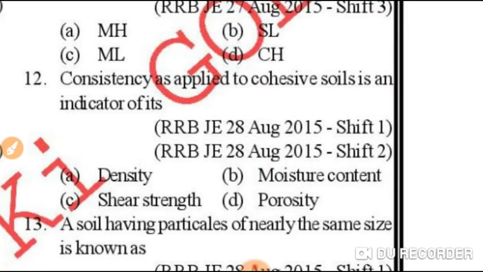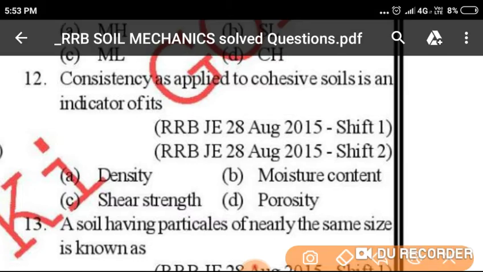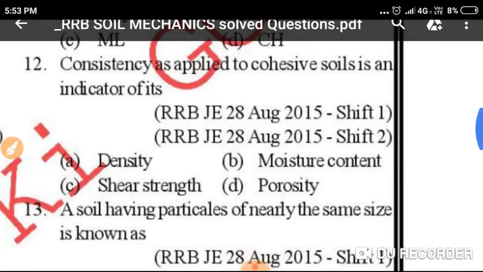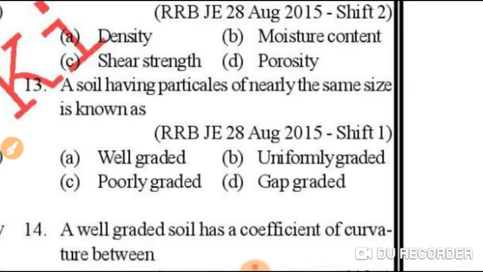Consistency as applied to cohesive soils is an indicator of option A density, option B moisture content, option C shear strength, option D porosity. So consistency as applied to cohesive soils is an indicator of its shear strength.